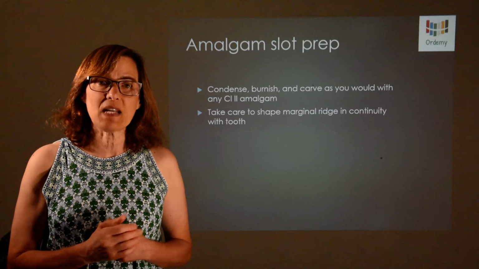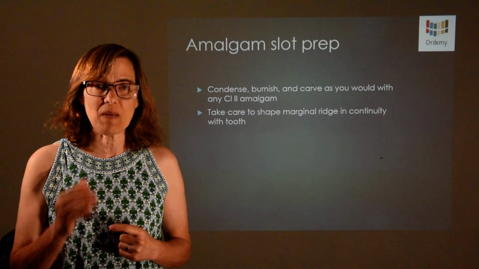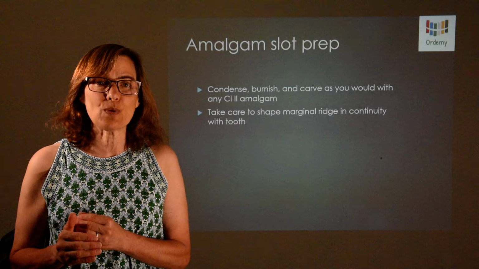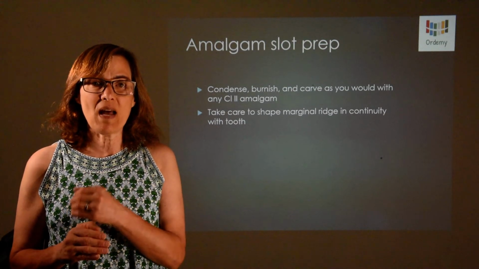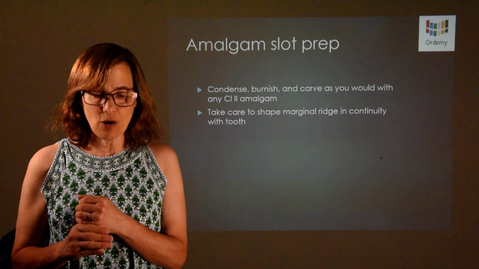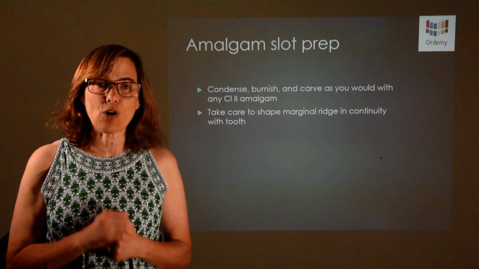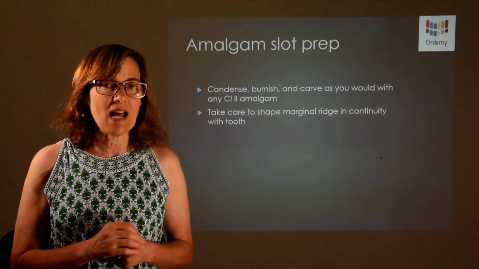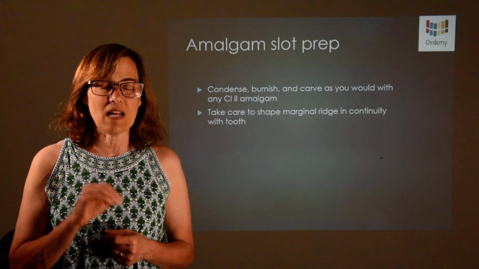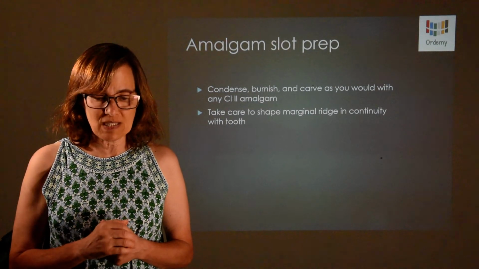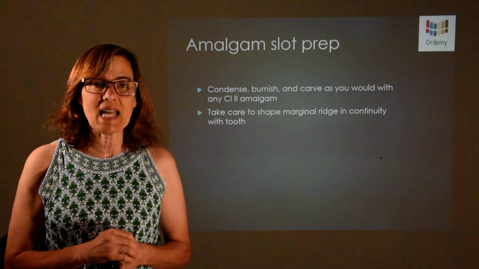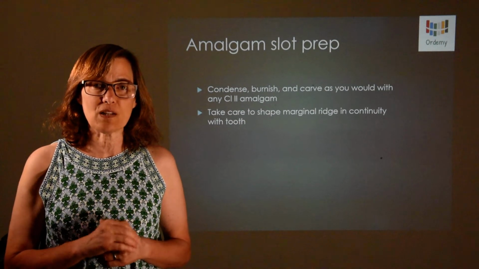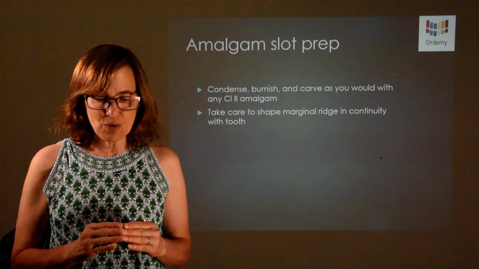We need to make sure that we burnish the matrix band against the adjacent tooth in order to establish a firm and strong contact. We need to carve at the proper time in the initial set and not when the amalgam enters the final set. We need to maintain the integrity of the tooth in its contour, in its shape, the embrasure size.